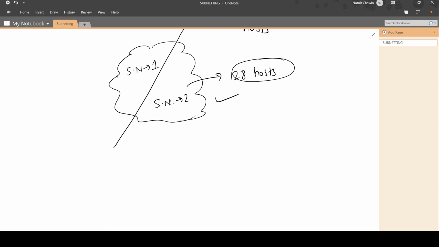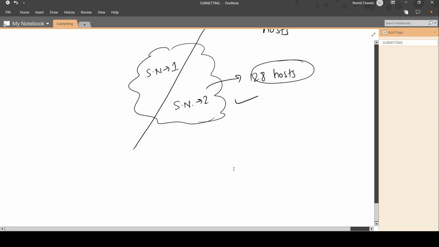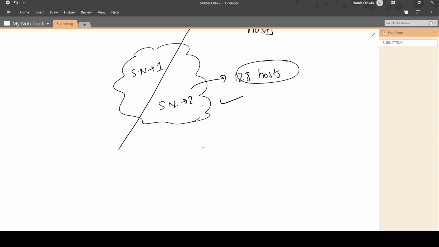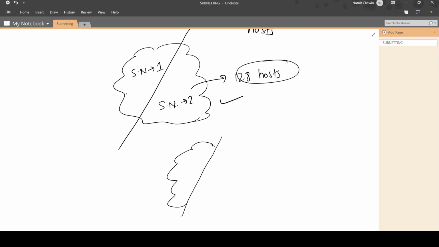But for subnet 1, how am I going to divide that one? I'll draw the diagram of subnet 1 and try to mimic it as easily as possible. So what I'm going to do with this subnet 1, it was earlier 128 hosts, right? If we split this one into two equal parts, it will be 64.